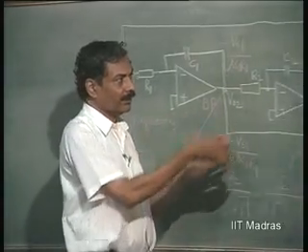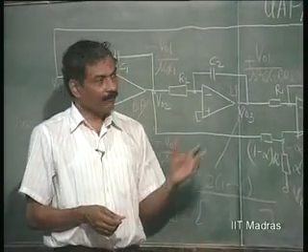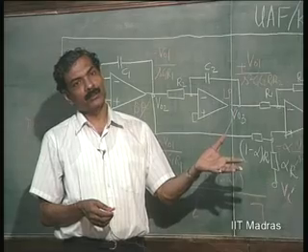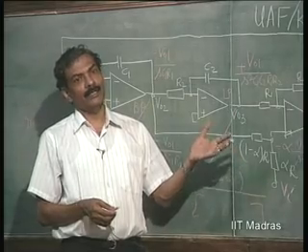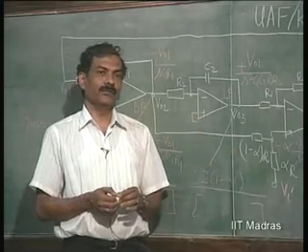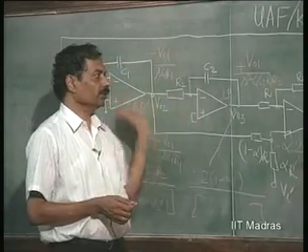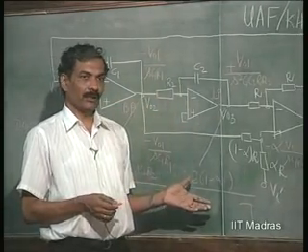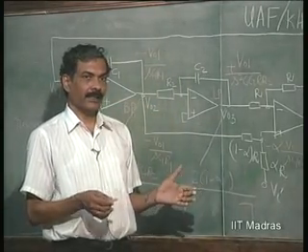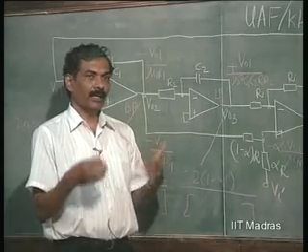By cascading such filter blocks with one first order block, you are capable of getting any higher order filter block, and therefore this is studied thoroughly so as to facilitate synthesis of any higher order filter block.